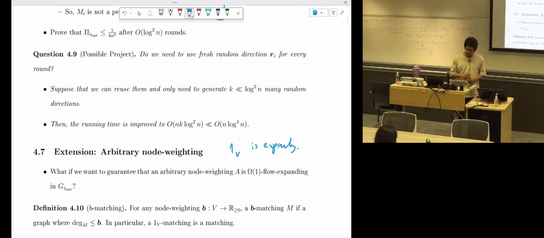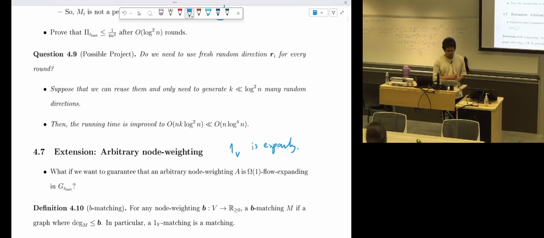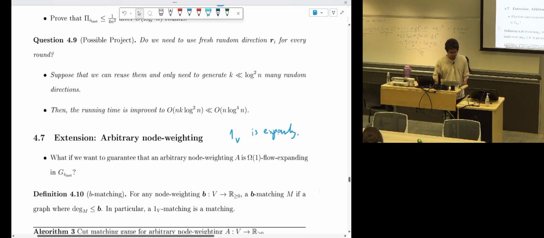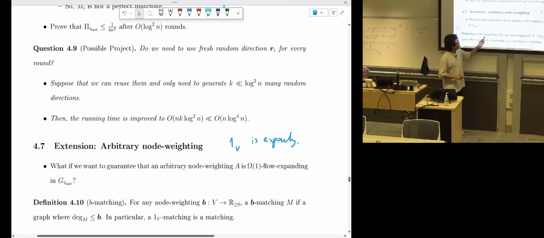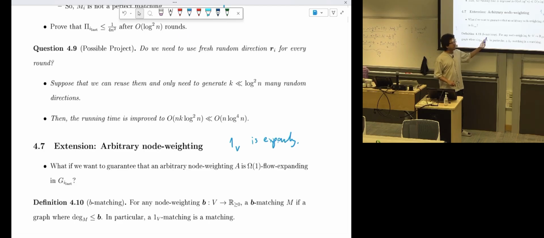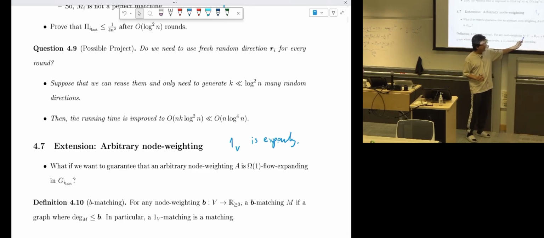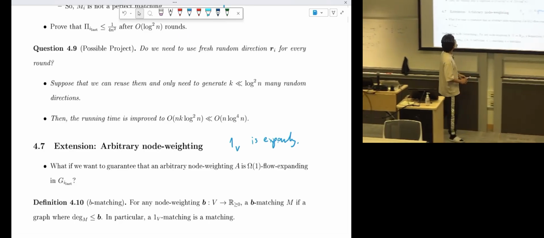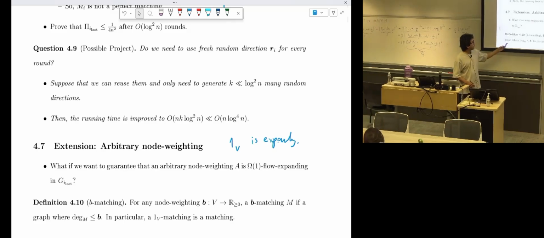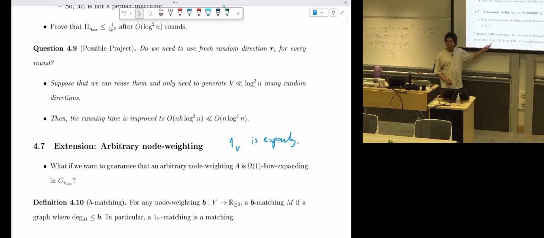So we can do it too, but to do that, let me introduce something. There's a word that people use in the literature called b-matching. B-matching is simple. Just think of b as a node weighting. So a b-matching M is just a graph such that the degrees respect b.